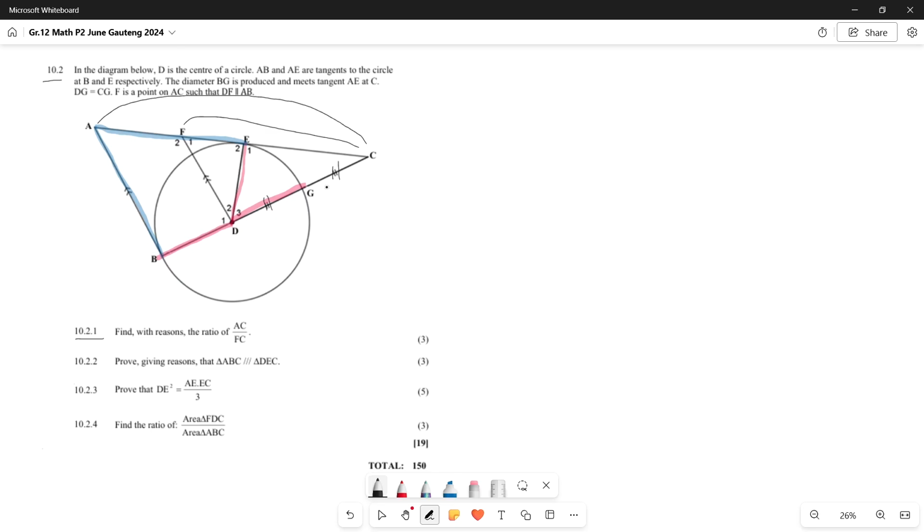And if we're going to work on this side, we're going to work with the pink lines, B to G, because that is our diameter, which means that DG equals X and BD equals X as well, because these are radii, they are the same length. But then GC is also X because they've told us that DG equals GC. Okay, which means right now we're going to write all the rules. We have the proportion of BD to DC relative to our parallel lines AB and FD over there, which means what we can write is DB equals DG.